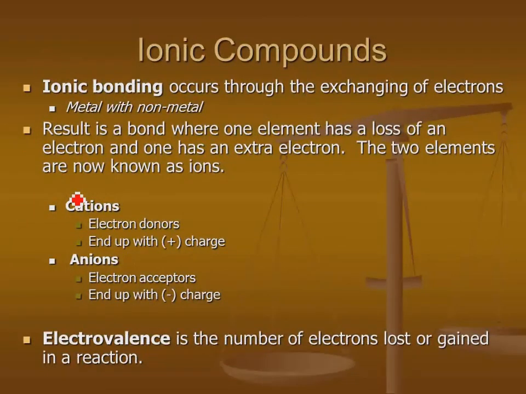All right. We talked about ionic compounds typically being a metal and a nonmetal. Sodium chloride, potassium chloride, calcium bromide. Those are all examples where a metal and a nonmetal join together to form a compound through the exchanging of electrons.